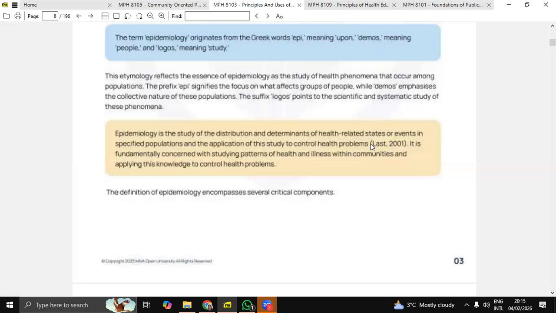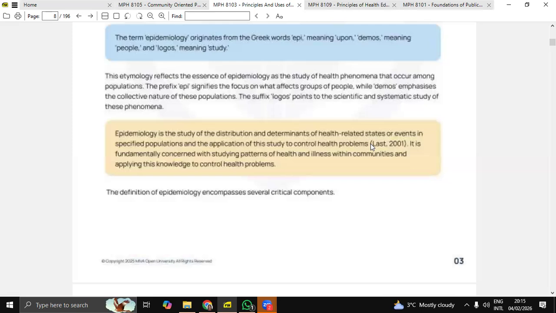So it's not just disease that we are focused on studying. We are studying things that are also related to health that may not be diseases in themselves. For instance, we study health behaviors, how people behave regarding their health. We study it in epidemiology.